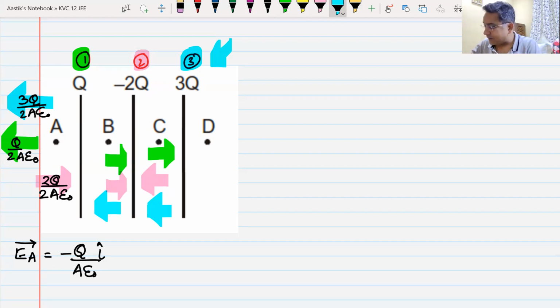At point D, my dear friends, the green field goes away. The pink field comes towards the negative charge, and the blue field goes away. Away and away can be added up. Subtract the towards one, and you have the answer. Everyone got this?